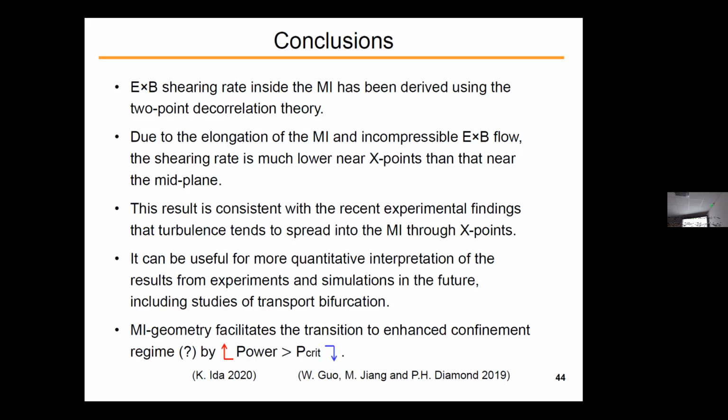So in the case where the island is produced by an external magnetic perturbation, then this flow story sounds really okay.